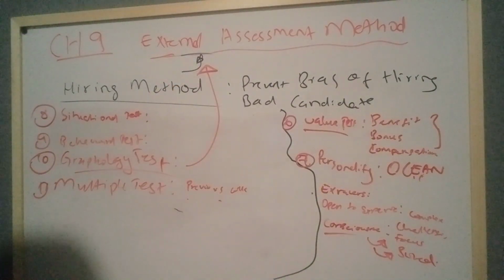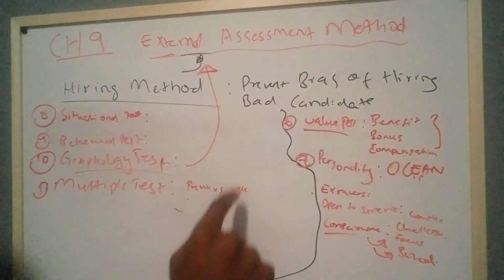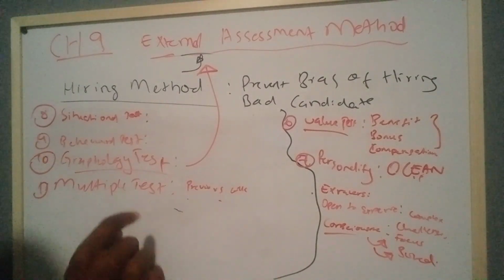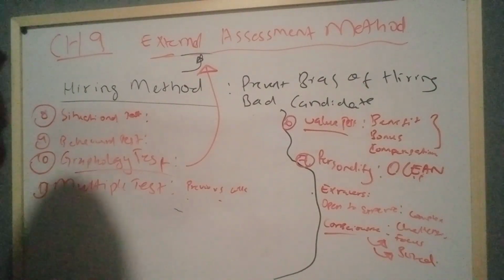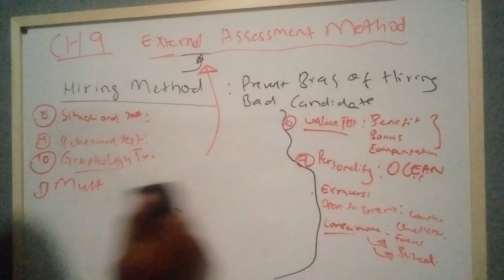Maybe they check the reference people whom you have put in the application. That means they use the multiple test. That means they use many people in order to get more information about you in the organization. Right. Let us move on to 11.